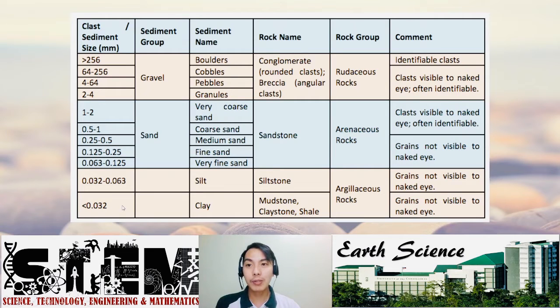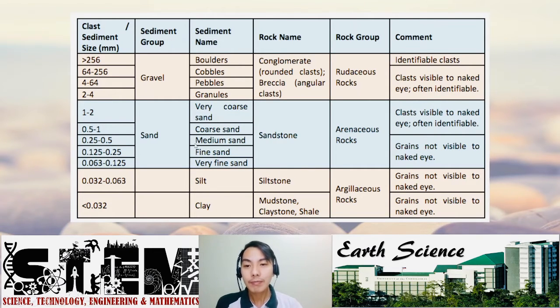If most of the sediments embedded in the rock are of this size, then the sediment name is clay. The rock name can be mudstone, claystone, or shale. Then we have silt, slightly larger than clay, from 0.032 to 0.063 millimeters. When compacted, that is called siltstone.